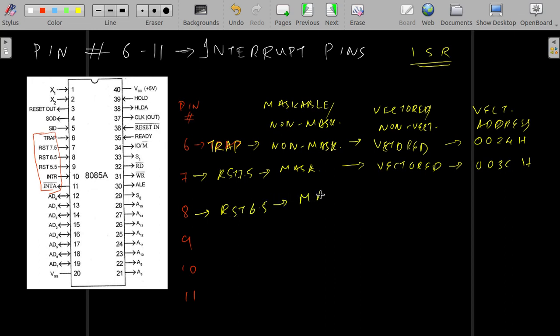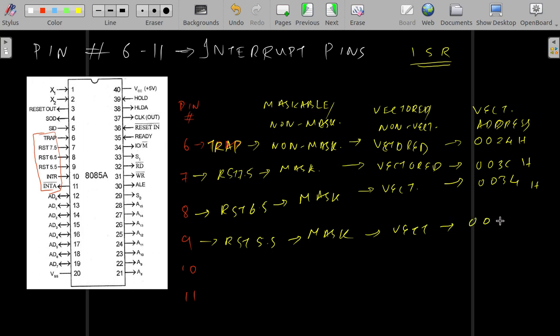Again, it is a maskable, vectored interrupt, and it has a vector address of 0034H. The next one, RST 5.5, is a maskable vectored interrupt with a vector address 002CH.